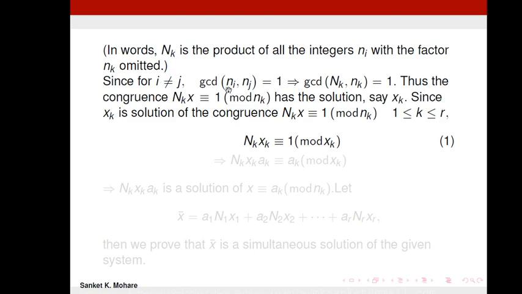For i not equal to j, ni and nj are coprime, meaning their greatest common divisor is 1.